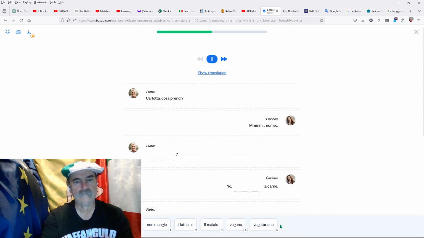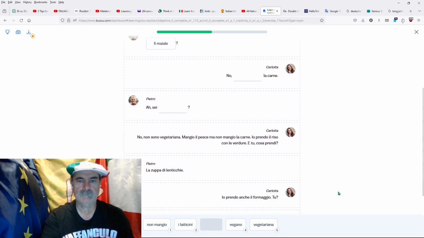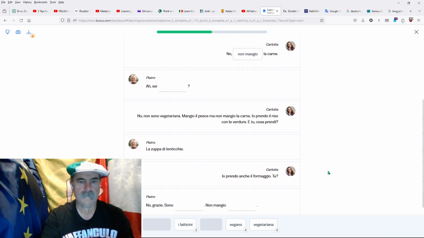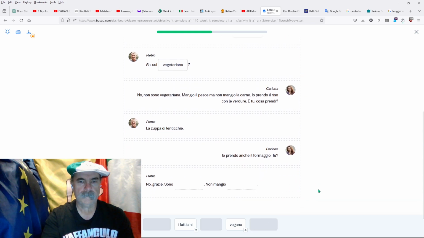Carlotta, cosa prendi? Non so. Non so. Il maiale? No, non mangio la carne. Ah, sei vegetariana. No, non sono vegetariana. Mangio il pesce, ma non mangio la carne. Io prendo il riso con le verdure.